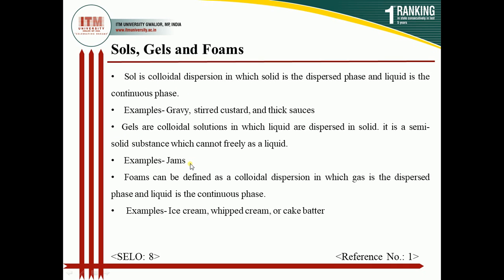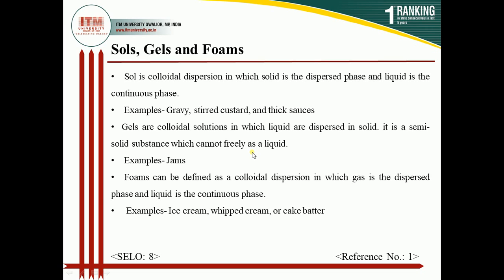Gel, as I have already told you about the gel, such as jam, jelly or toothpaste, in this the liquid is the dispersed phase and solid is the continuous phase, and in this process liquid is dispersed into the solid medium and makes a semi-solid substance.